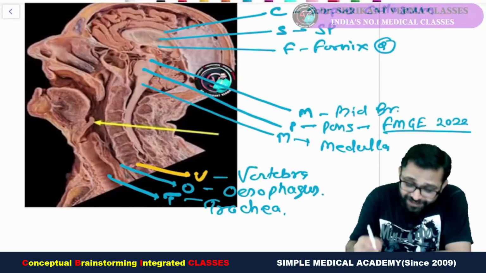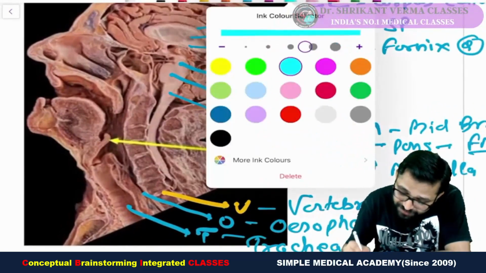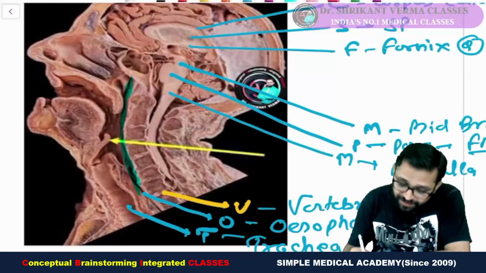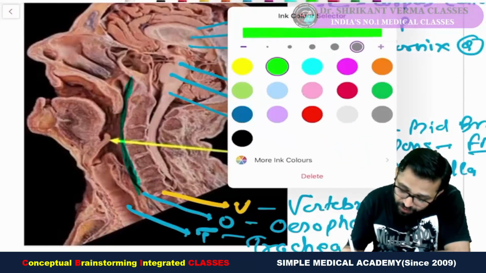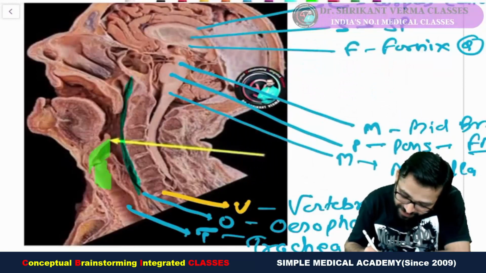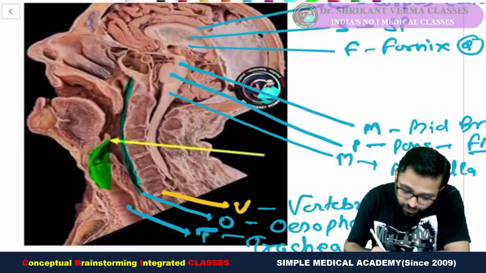And then I told you the concept: the upper part of the esophagus is known as the pharynx. So this is the pharynx. And the upper part of our trachea is known as the larynx. So this entire part is the larynx. And I told you that this is a very, very important muscle.